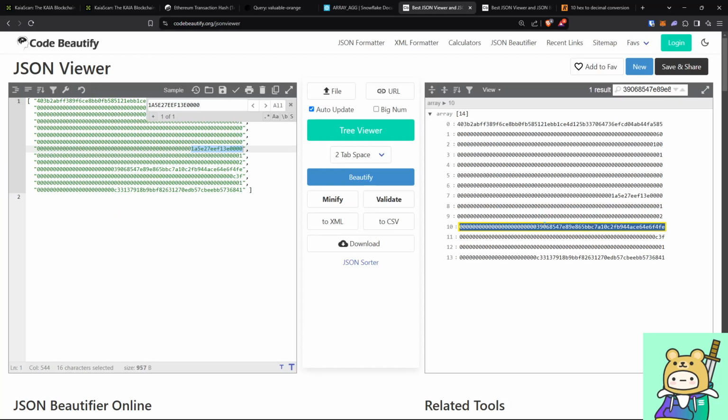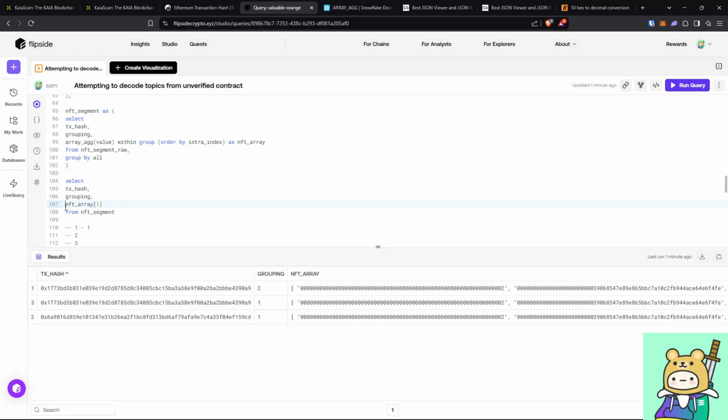This would be NFT address. So NFT address is applied the classic 2540 address.